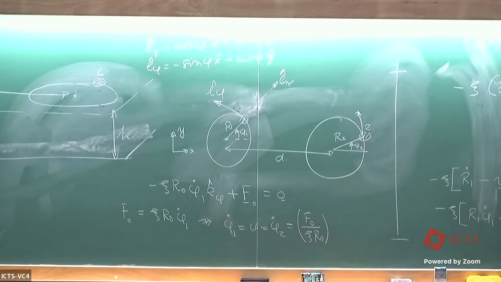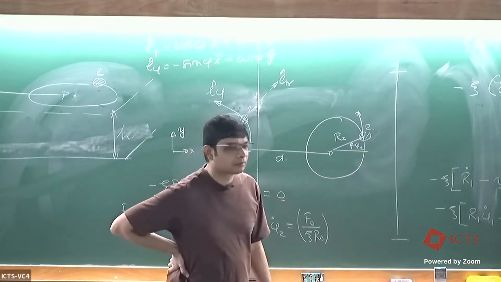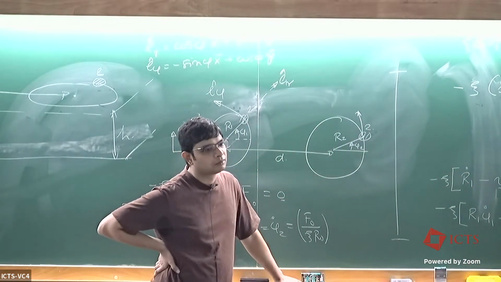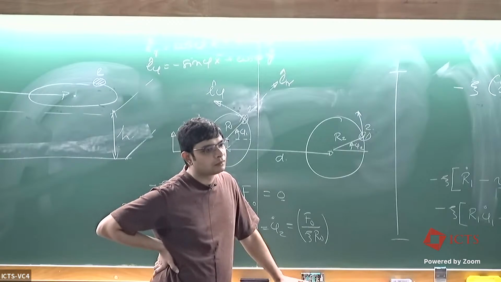Yeah, but why wouldn't e hat R and e hat phi change depending on the origin? Those are the unit vectors of the problem. But if this is your origin, this should be your e hat R. If you're taking somewhere else, your R hat should be starting from the origin, right?